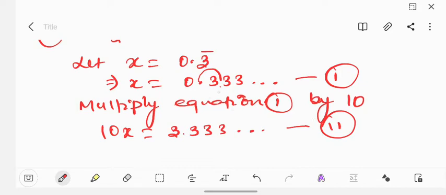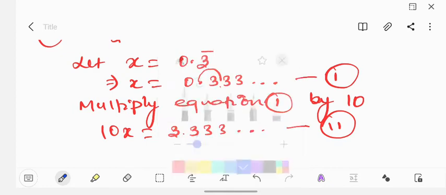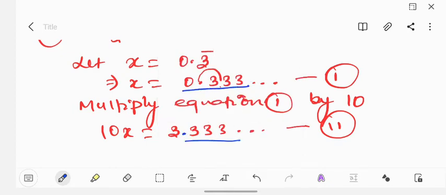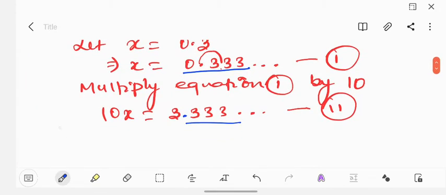Is it the same? Yes, it is. This is 0.333 and this is 3.333. So these two equations have the same digits after the decimal. So we stop the procedure here and proceed to the next operation, that is subtraction.